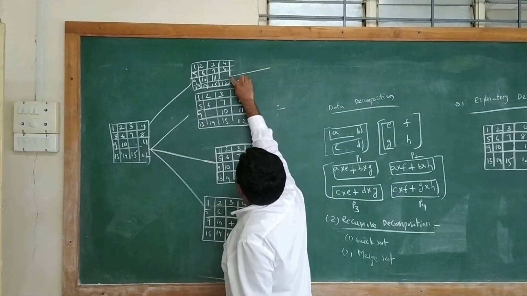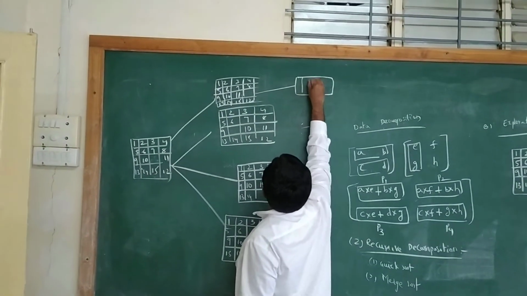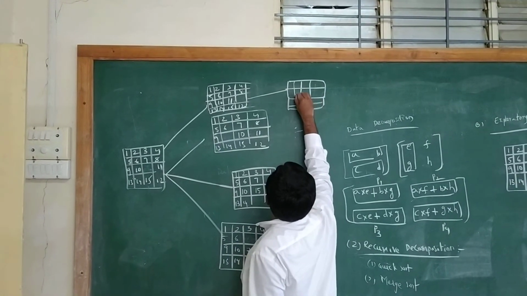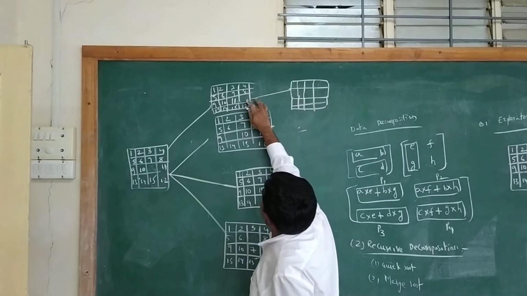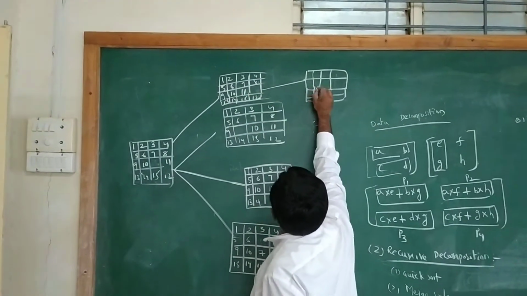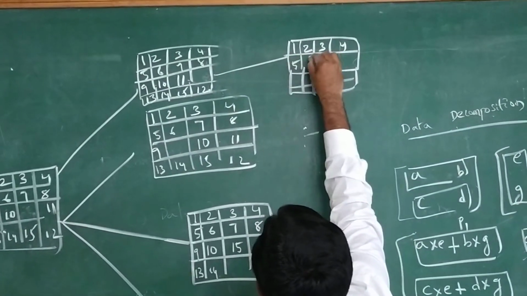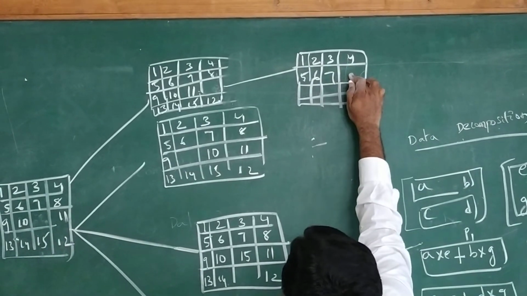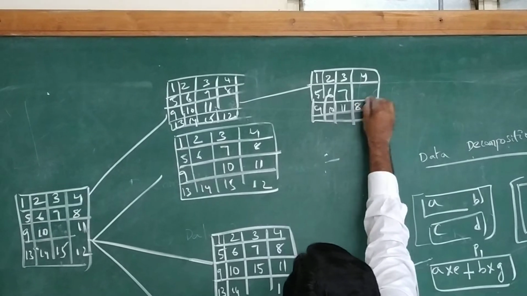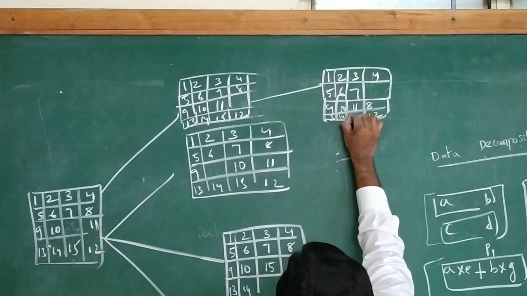See, if you apply upward, you will get 8 coming here and the remaining values 1, 2, 3, 4, 5, 6, 7. Here empty will come, 9, 10, 11, 8, 12 and 13, 14, 15.